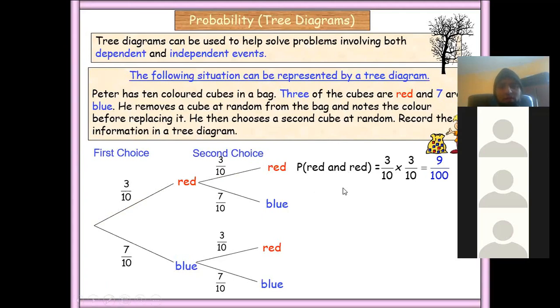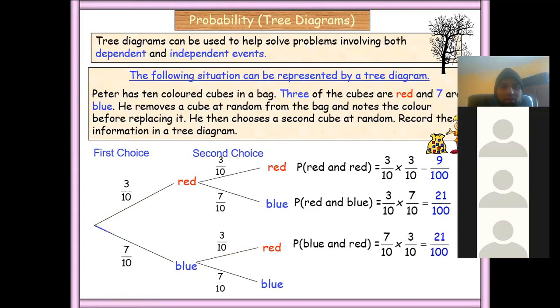So for me to get a red and red, 9 over 100. For me to get a red and blue, I'm going along a branch again. So what I do, 3 over 10 times 7 over 10, 21 over 100. Again, multiply. And again, multiply. Does that make sense, guys? Yes. Good. Perfect. Okay. So now we're going to move on.